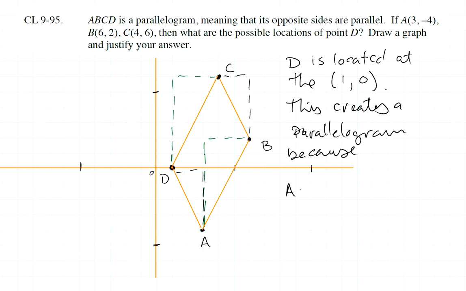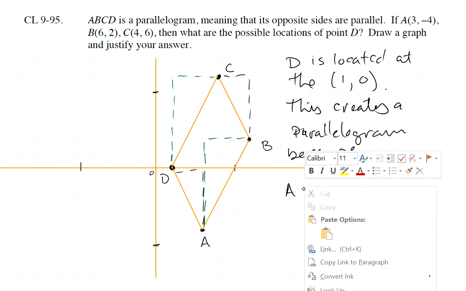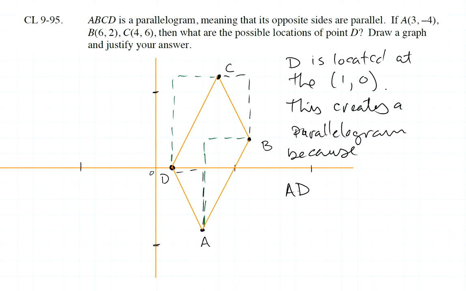segment AD and BC both have a slope of, let's see, the slope was up 4 and back 2.